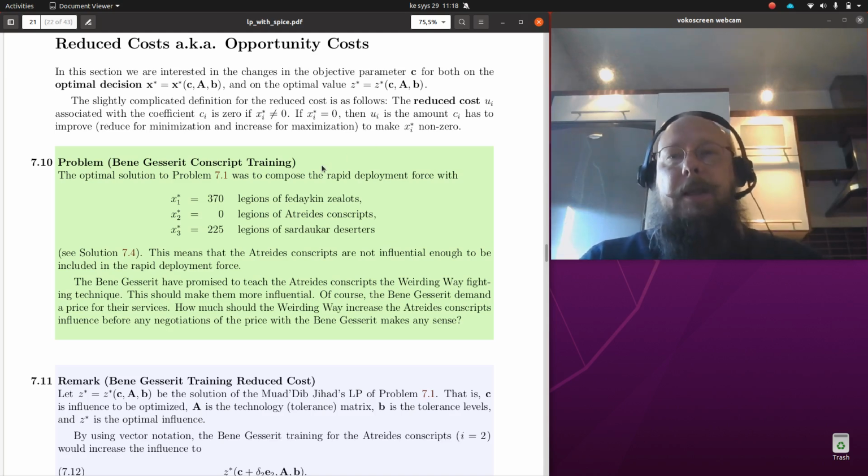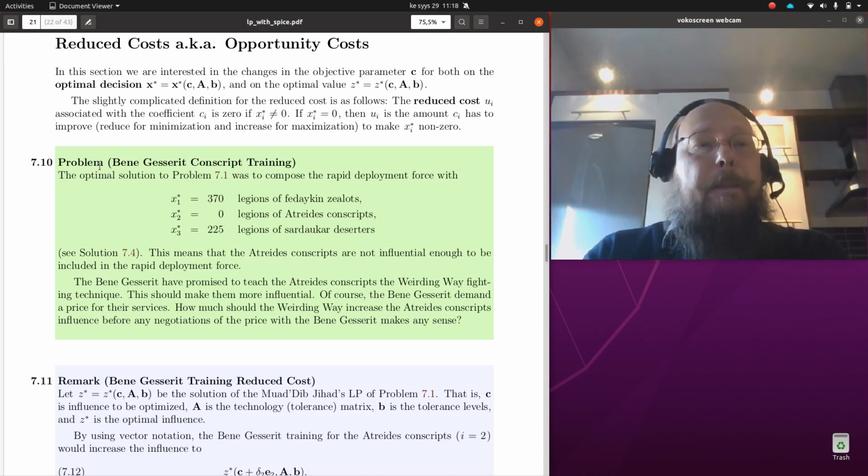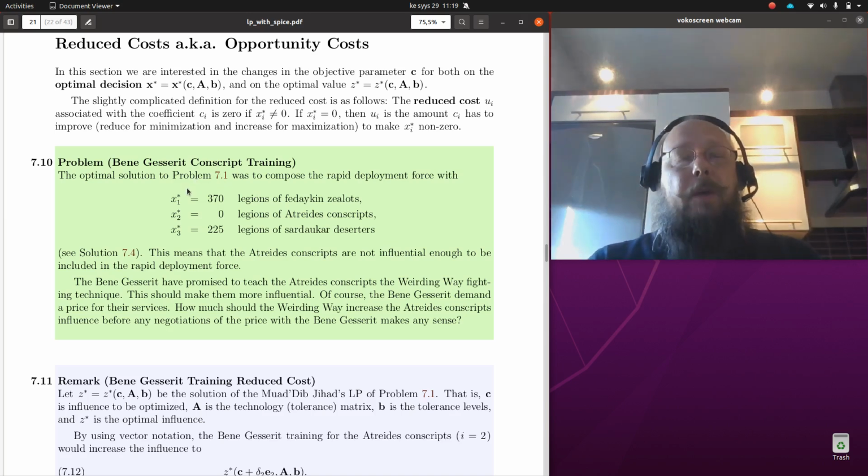And to understand this rather convoluted definition better, we had this problem 7.10 of the Bene Gesserit conscript training. The idea there was that this was the problem 7.1, where we solved this composition of the rapid deployment force, and it turned out that there were none of the Atreides conscripts in this rapid deployment force.